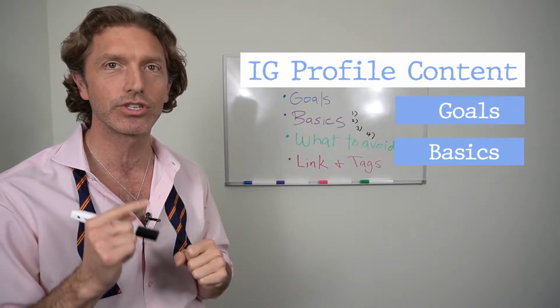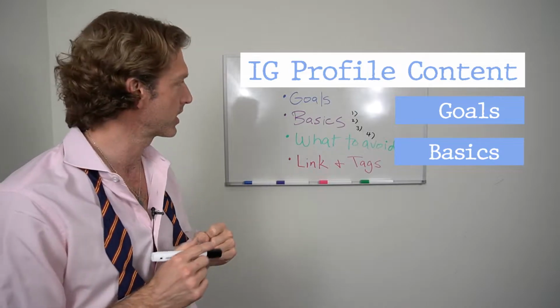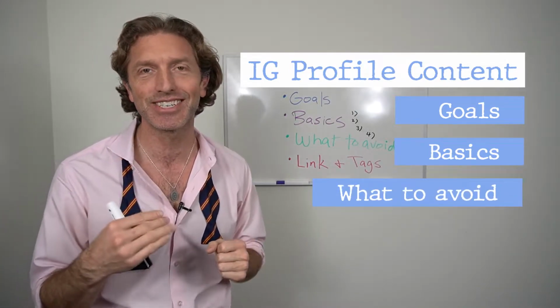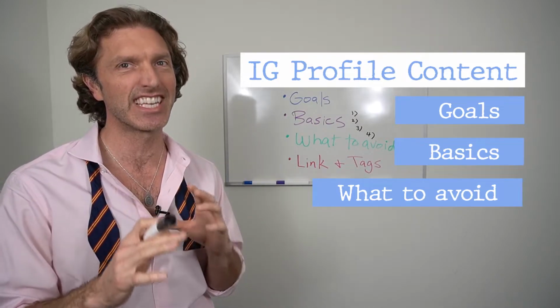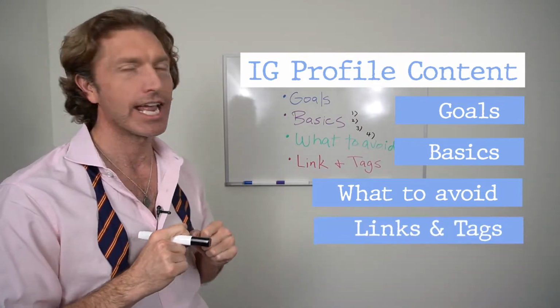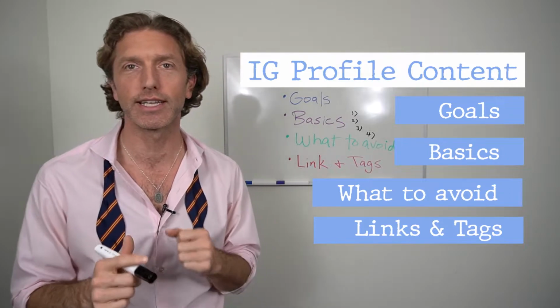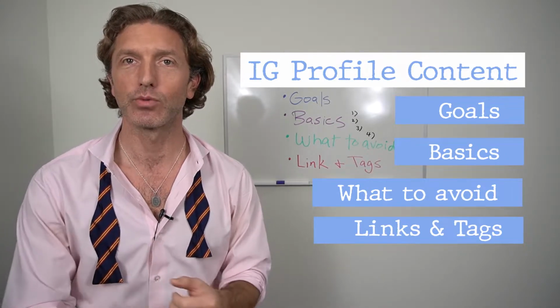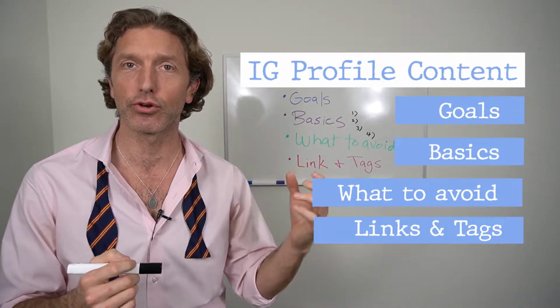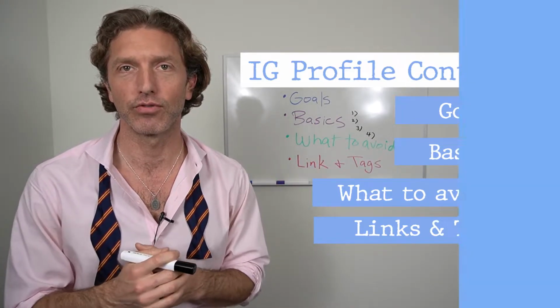I'm going to give some tips on what to avoid or maybe stay away from up there. And then how to appropriately and best use the link option that Instagram gives you, as well as tagging other pages up there in your profile content.